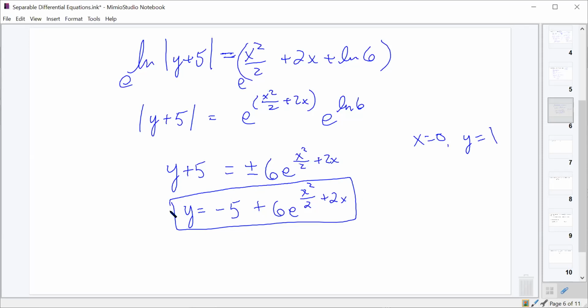So we'll choose this. And if we look at our final value here, x squared over 2, we can do that to any x value, and we can add 2x to any x value. We can make any number that we get up here, e to that power, and we can take that number and multiply it by 6, and we can do -5 plus any number. So no restrictions from that. And there were no restrictions from anywhere along the way as we went through here.